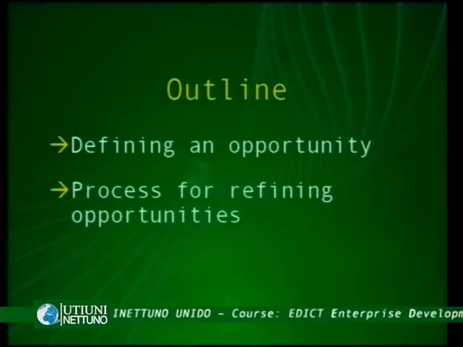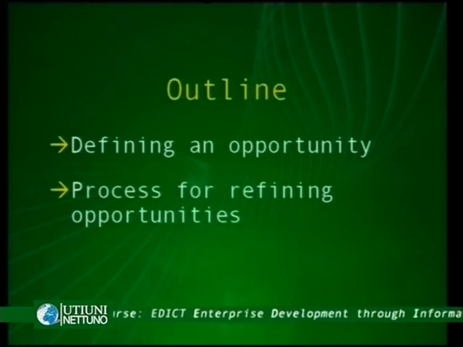The first point, just to reiterate, define it. Define the opportunity clearly. The second point is the process for refining opportunities. That is the second aspect that we're going to talk about. There's a process of refining an opportunity. We define it. It's not identifying. That is predefining.